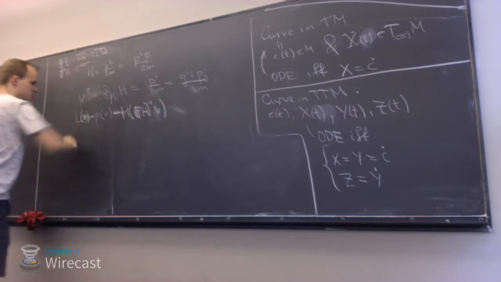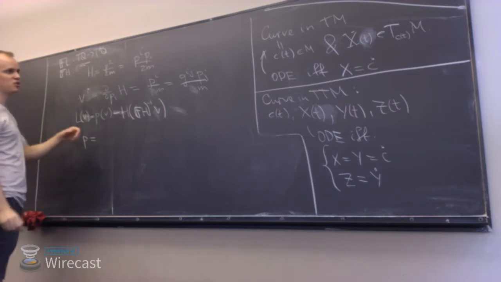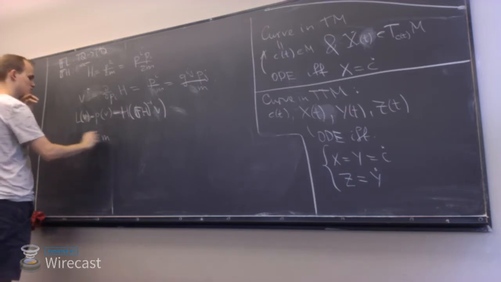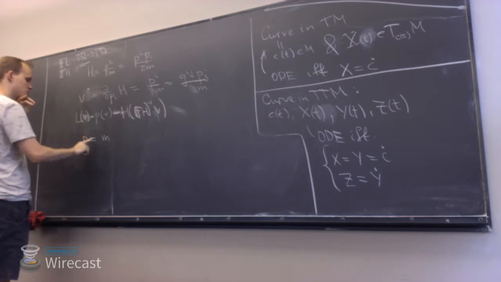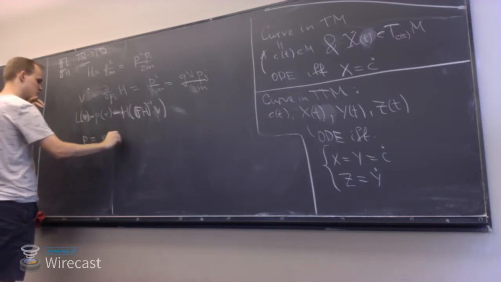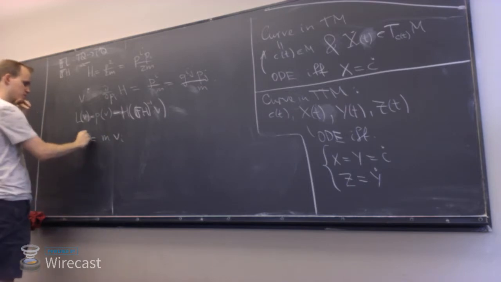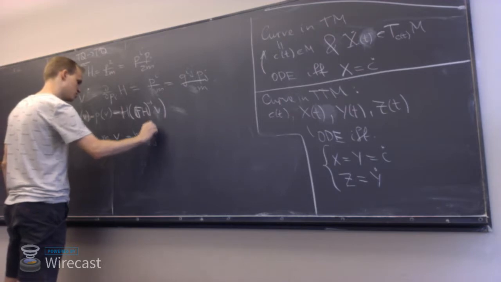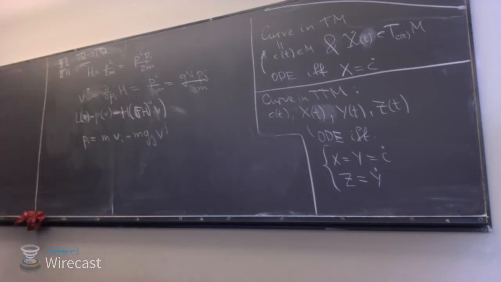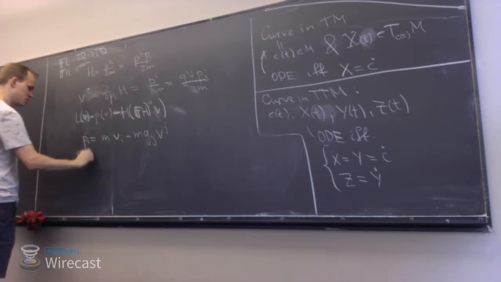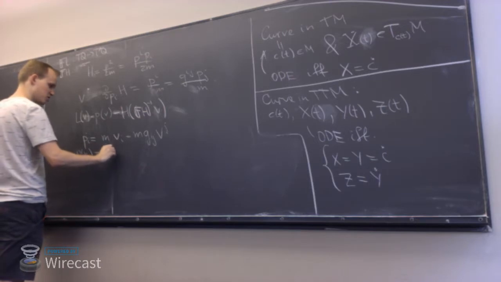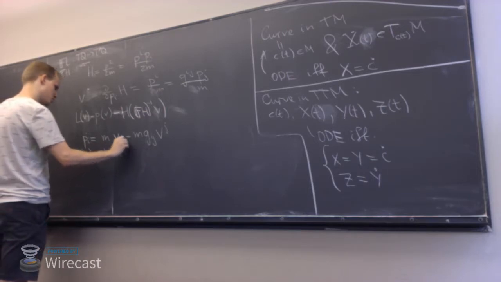So we know that P, again in local coordinates, P equals M, well, okay, M V^i, but with a lowered index, right? So M V^i. And then P of V equals obviously M V squared, right?